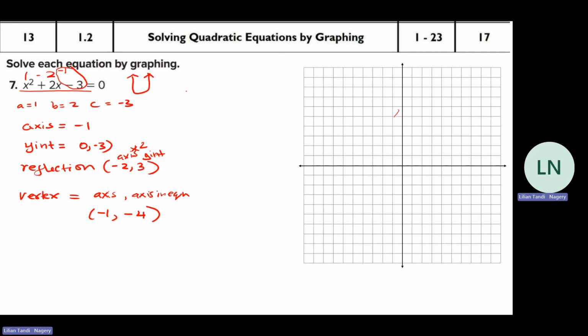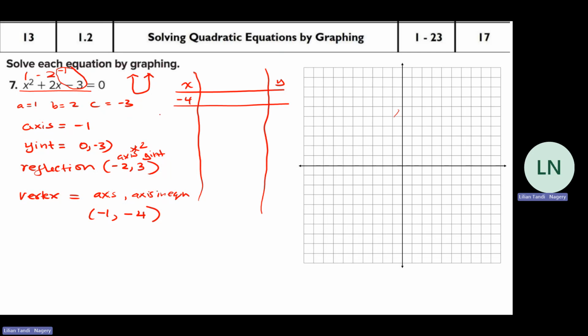Then I did a table over here. I did not use the formula. So I did x, y, and then I did -4. Why did I do a table? My numbers were small.